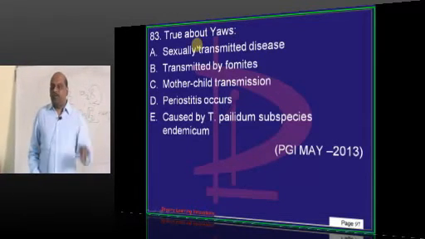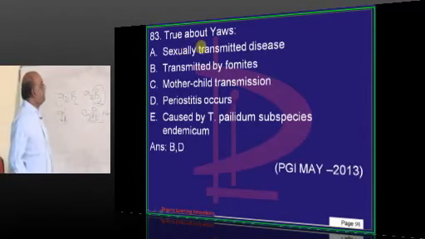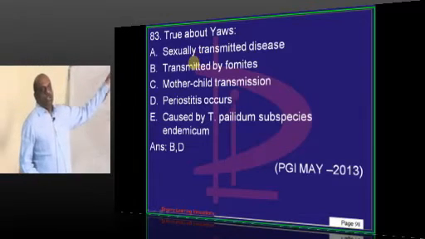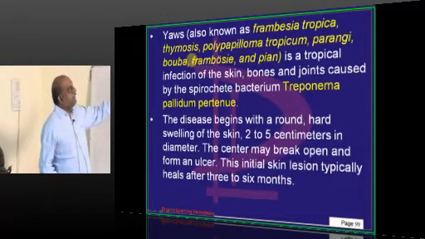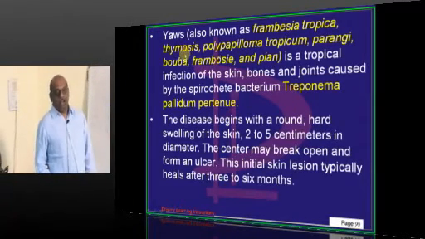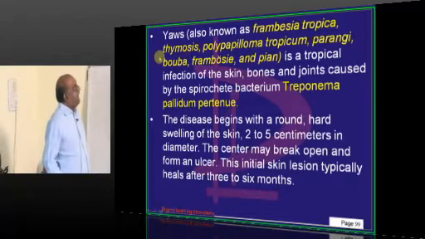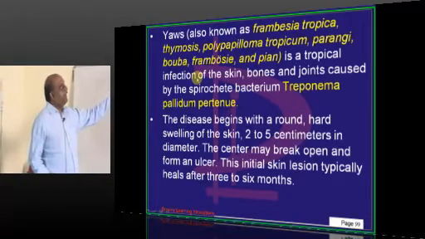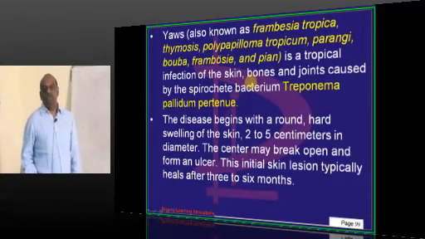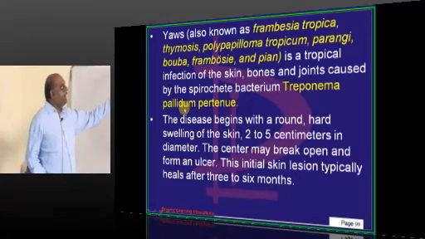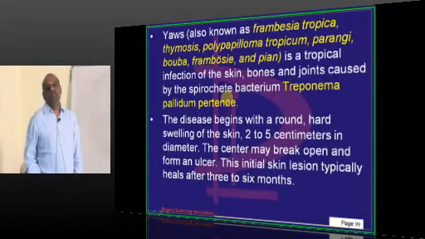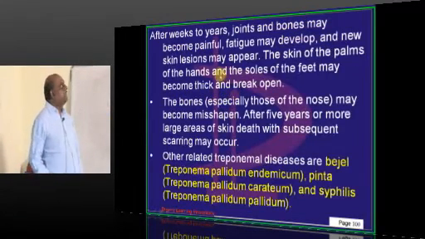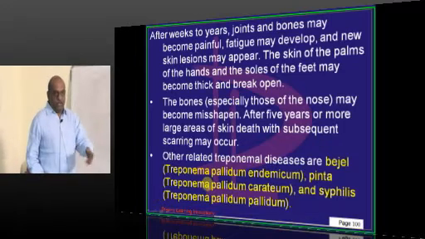Then there are various types of Treponema which you need to remember. Yaws is also called Frambesia tropica, and it is a tropical infection of the skin, bones and joints. Treponema pallidum pertenue is the one which is associated. And it is transmitted by fomites instead of sexual transmission.